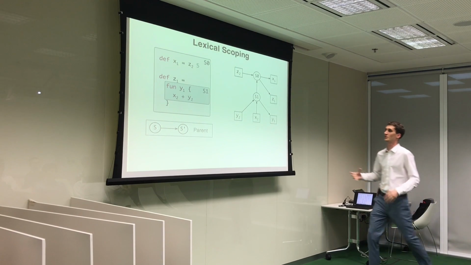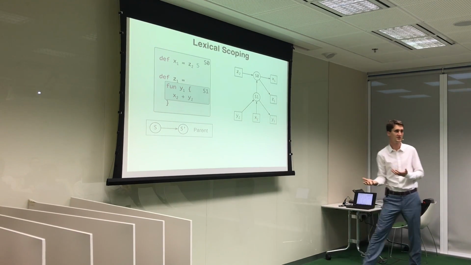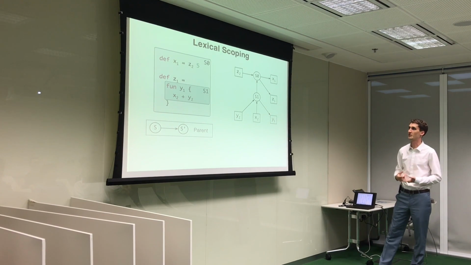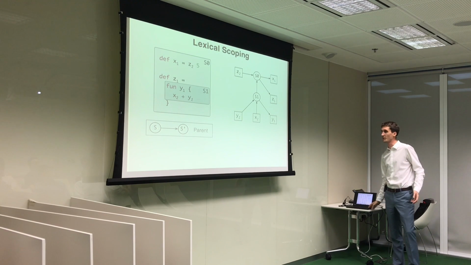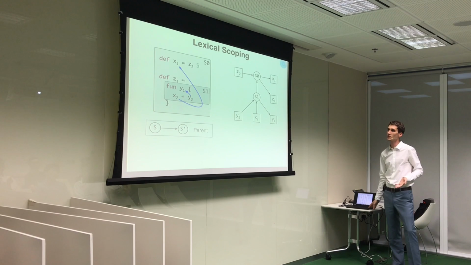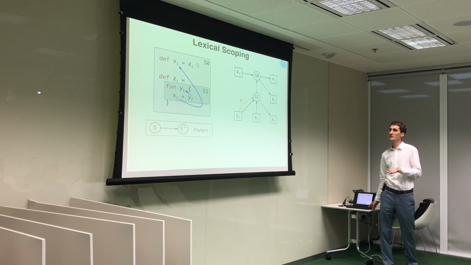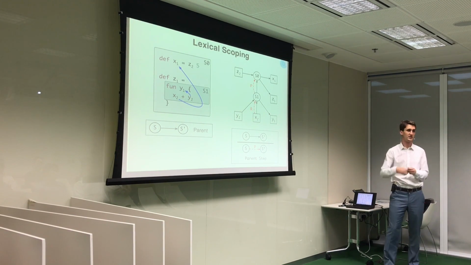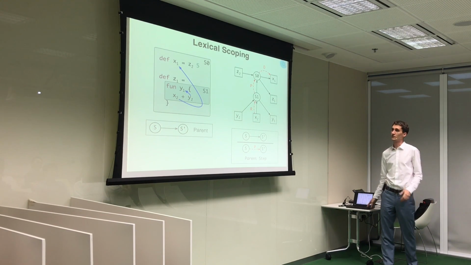So we know that the references that belong to S1 can see the definitions that are in S0, but not the other way around. That's reflected in the graph because you can build a path from something that's in S1 to S0 by just using this parent edge between scopes. So you can just follow the graph, and once again, you can resolve.